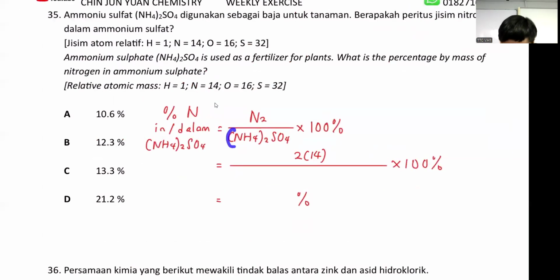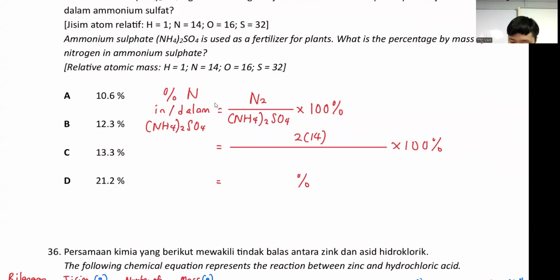You see, (NH4) bracket 2, so 2 times the N, 2 times the H. But I don't care about H now, I care about how much N. And then at the bottom, 2 brackets, 14 plus 4 times 1, because hydrogen is 1. 4 hydrogen means 4 times 1, plus 32, plus 4 times 16. Then times 100%.